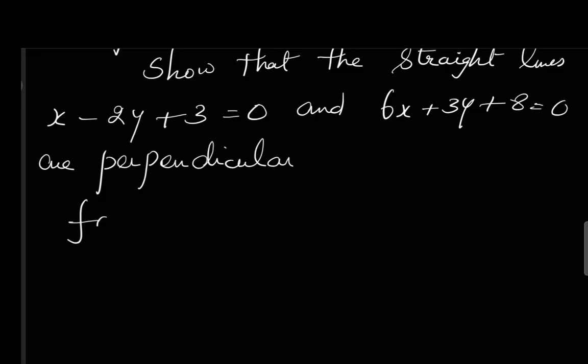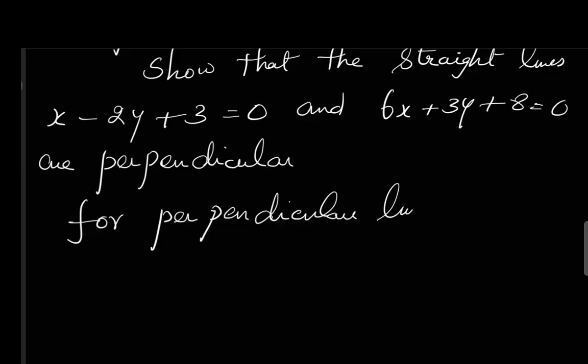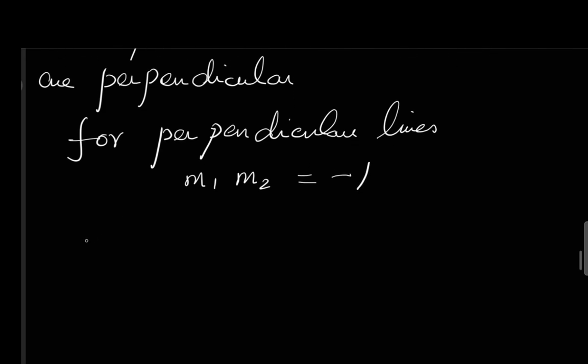So for perpendicular lines, m1 into m2 is equal to minus 1. So let me take the first line, x minus 2y plus 3 is equal to 0.